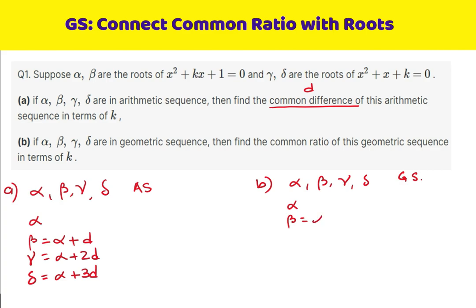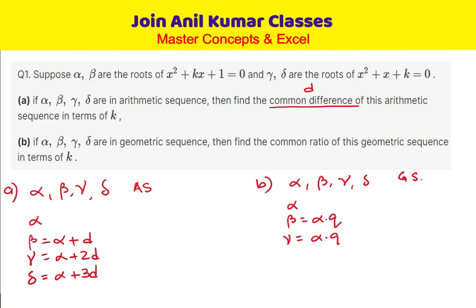Beta will be alpha times q, gamma will be alpha times q squared, and delta will be alpha times q cube. So that is what is given to you. Now, I'd like you to pause the video and answer the question.